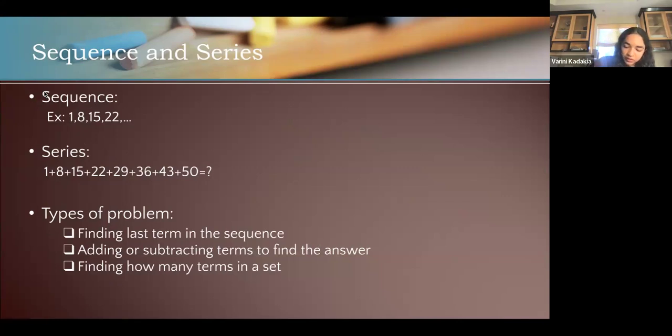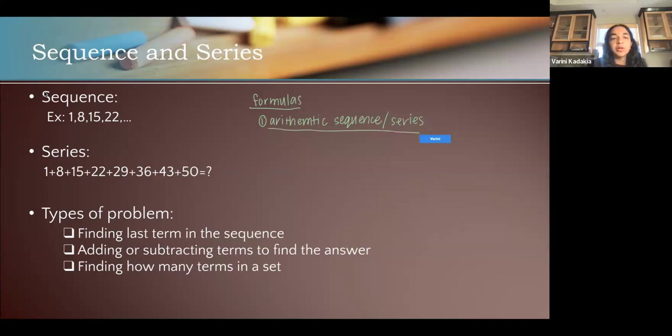So now we'll go over some formulas. The first formula is for an arithmetic sequence or series. This first formula will help you sum up all the terms in the sequence or series.